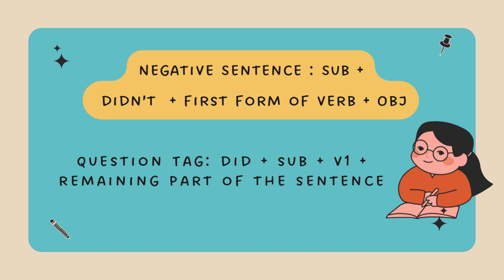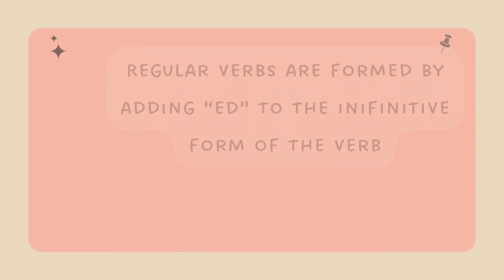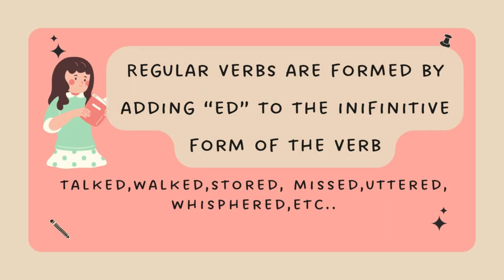Regular verbs are formed by adding ed to the infinitive form of the verb. That means any regular verbs we use must be ending with ed. Here I have given the examples: walked, stored, missed, uttered, whispered.